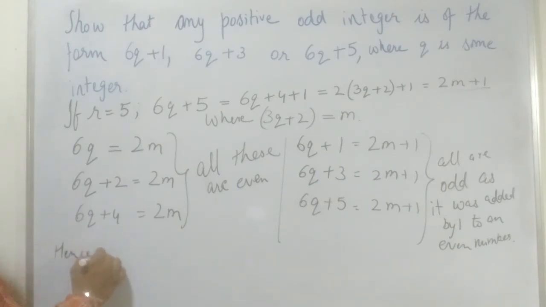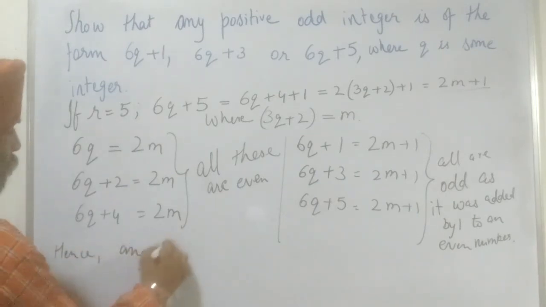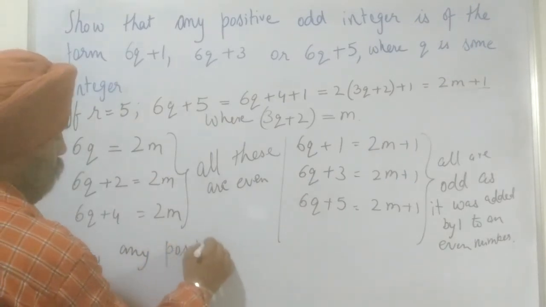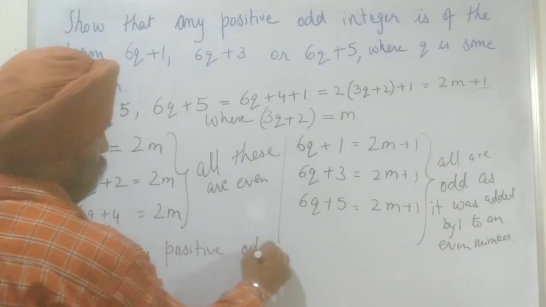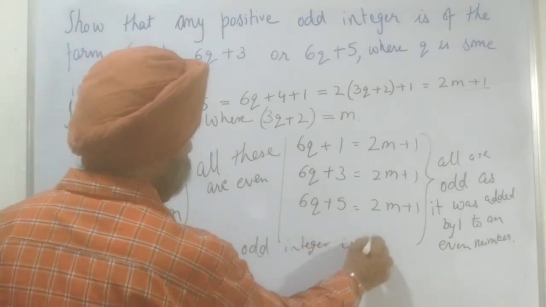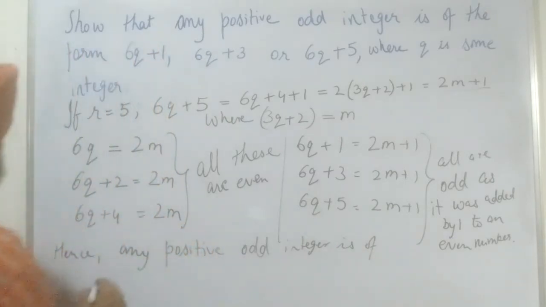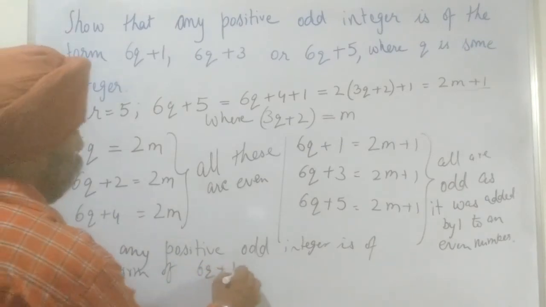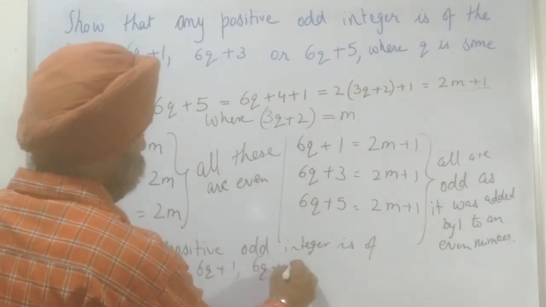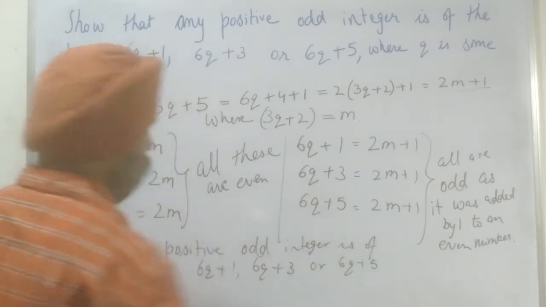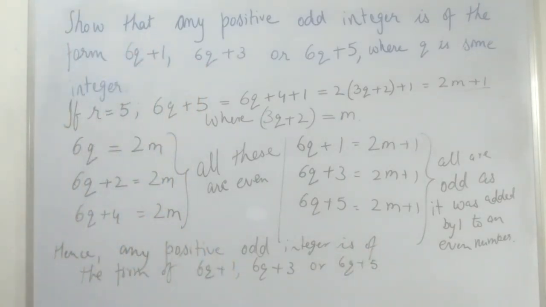Hence any positive odd integer is of the form 6q plus 1, 6q plus 3 or 6q plus 5. That's it. So this is the final conclusion.